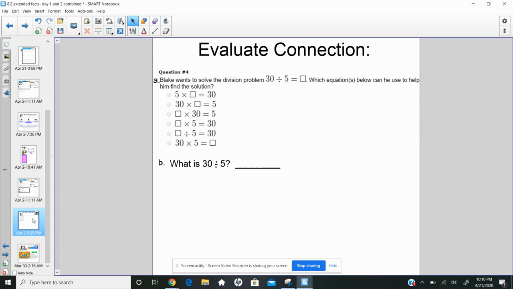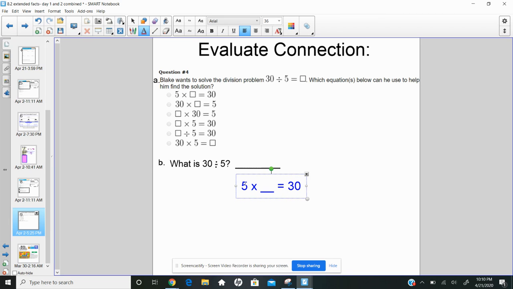And then this, we just want to look back at evaluate. This is something that we've done before where we've tried to connect our multiplication with division. This is an evaluate question that you might see next week where it says 30 divided by 5. Well, again, you need to think to yourself, what's the opposite of division? Well, it's multiplication. So you would think 5 times what equals 30.